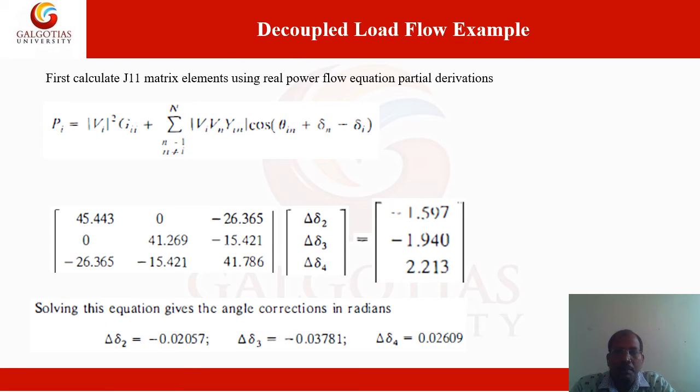Then we have to apply the method. We have taken all the initial values, and we have also calculated the order of the Jacobian matrices J1 and J2. Then we first calculate the mismatch power.